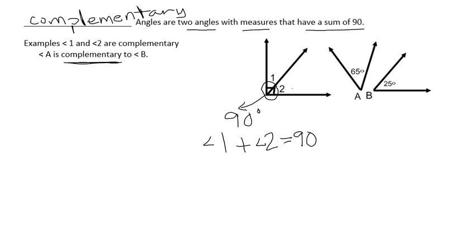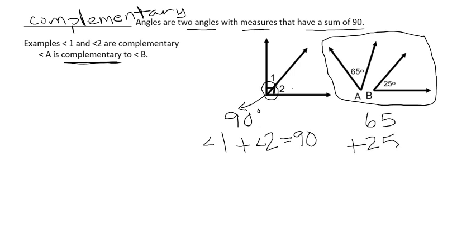Let's try this one right here. This is a separate problem. Are A and B complementary? Well, if we take the two measures, the 65 and the 25, and we add them up, we're going to get 90 degrees.